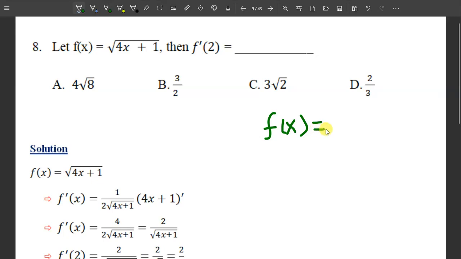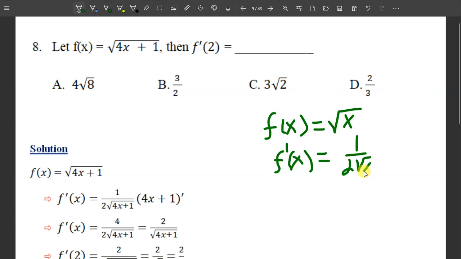Then f prime of x is equal to: change this in exponent form and then apply the derivative. It becomes 1 over 2 times the square root of x.